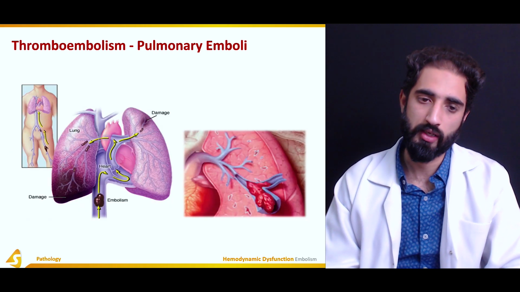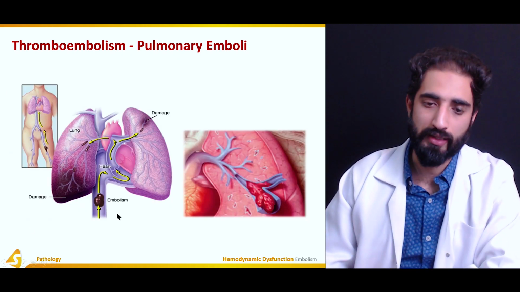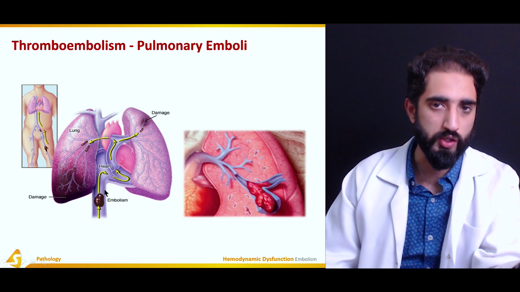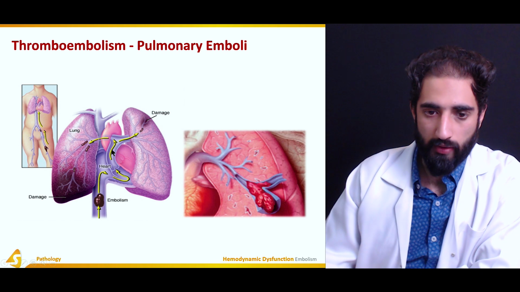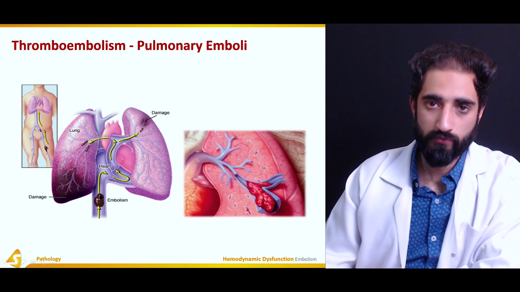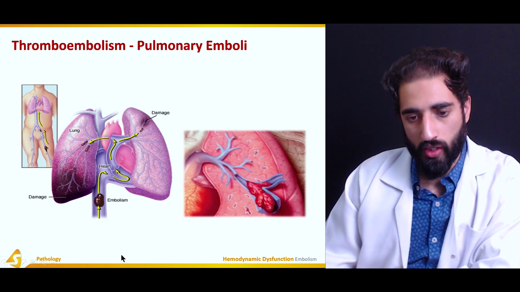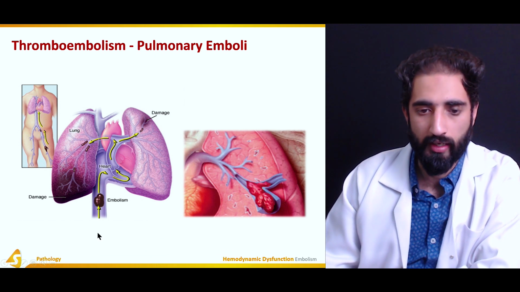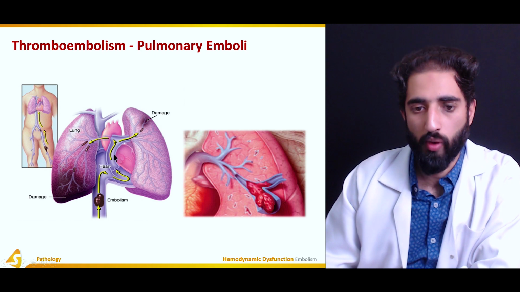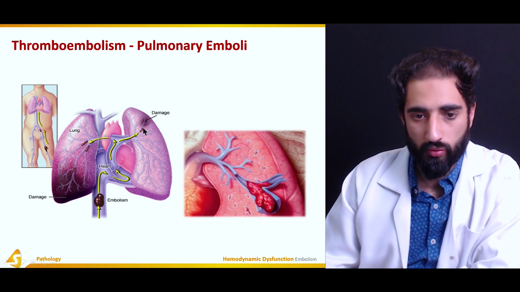So this is a picture where you can see that there's an emboli which has dislodged from a site and moves here. So it goes from the systemic circulation to the pulmonary circulation. For example, it dislodged from the veins like DVT, and it came to the heart, and via the heart it moved into the lungs.